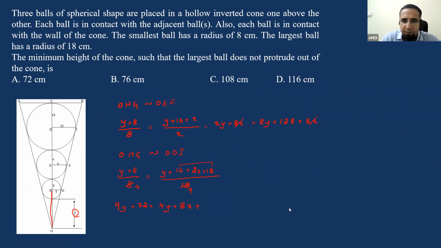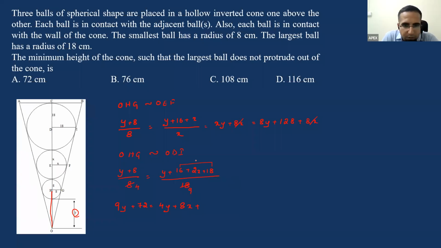Just 1 second, guys. Yep, so this part becomes 34 into 4. Let me write it like this only. Yeah, so what do we get from here? So that's going to be 34 into 4, 4 4s are 16, and I have a 72 which will come back on this side. So let's first simplify this. So we have 5y.